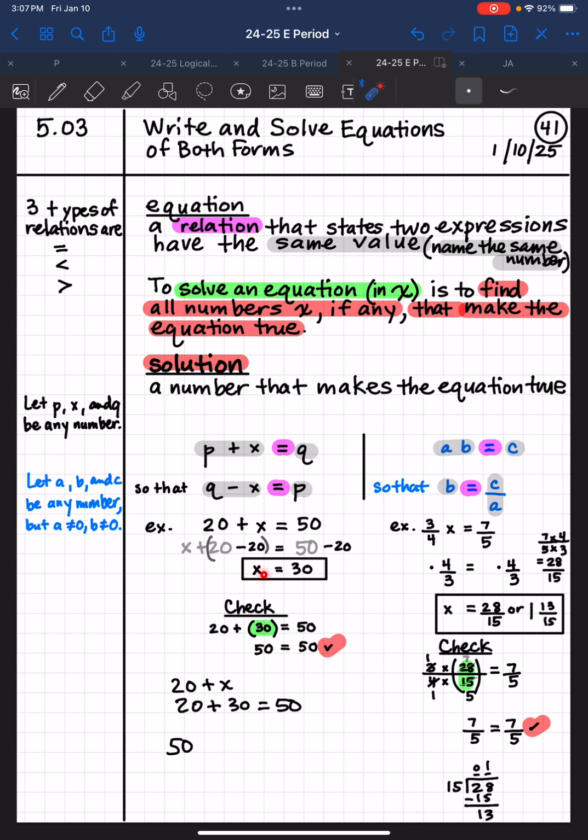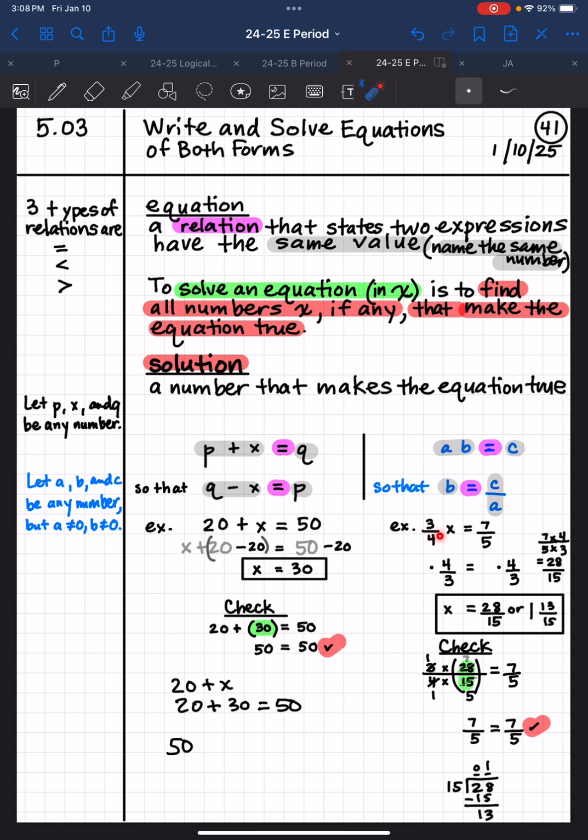So x equals 30 is my solution. x is 30. And I have solved the equation because I found all the numbers that make this equation true. Does that make sense? Okay, so now we move on to the next one. Here we have 3/4 x equals 7/5.